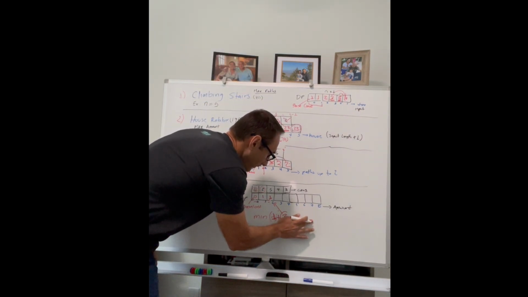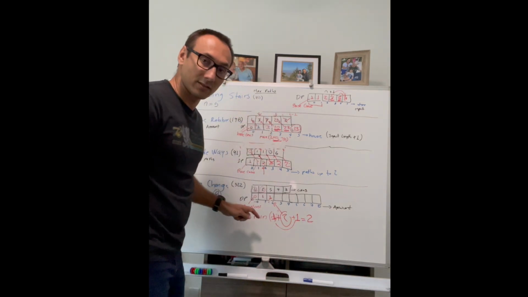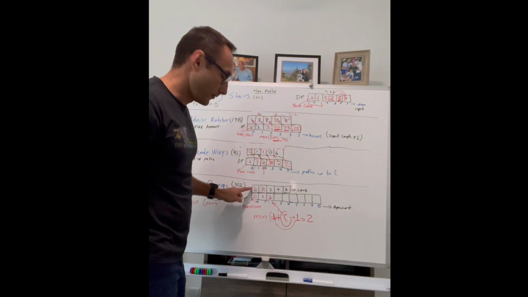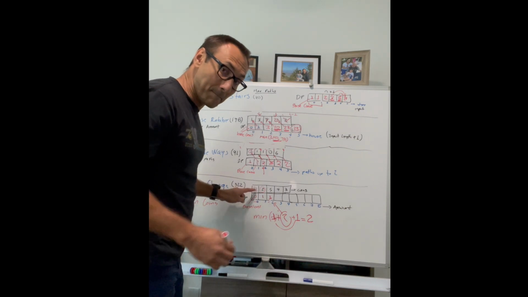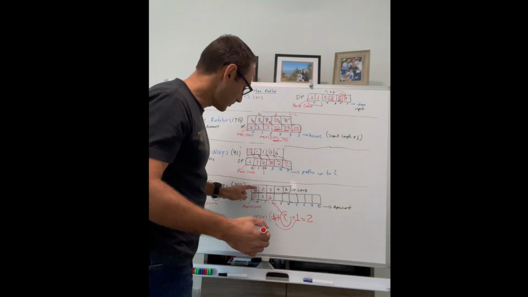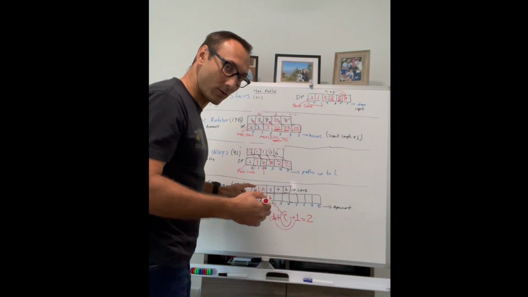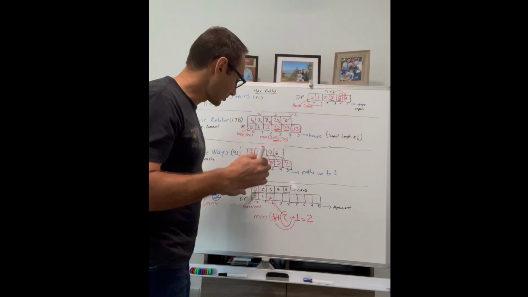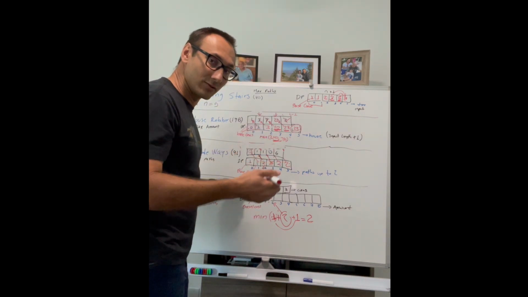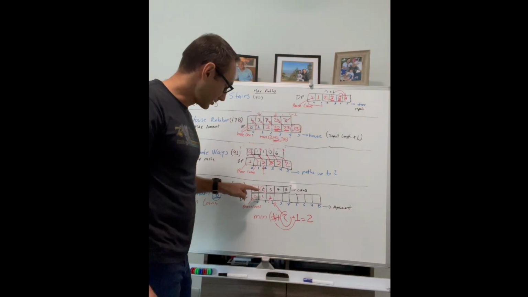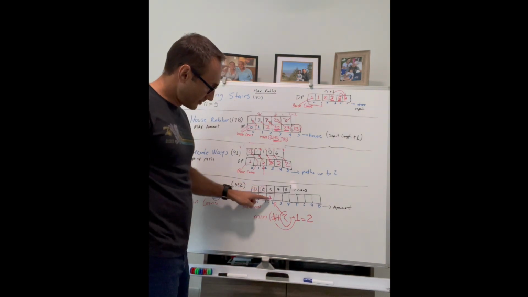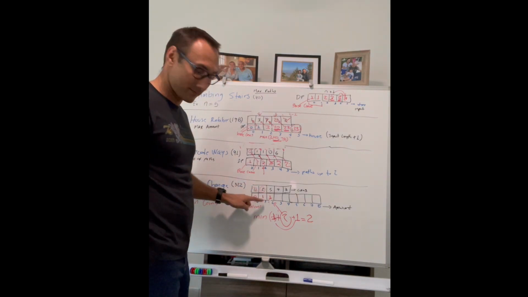My bad. If I use the coin of $1, the best combination by using the one coin as the first option is then using the coin of $2. So that's why I have 1 plus 1, right?